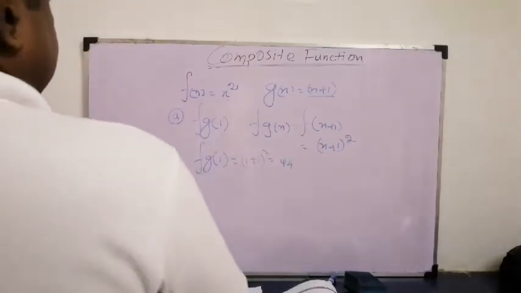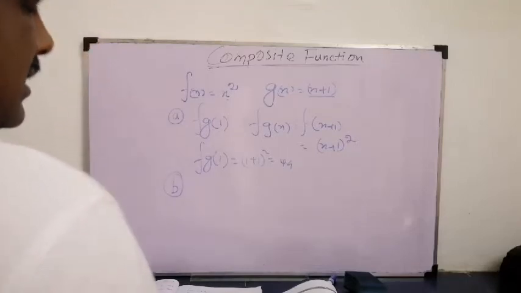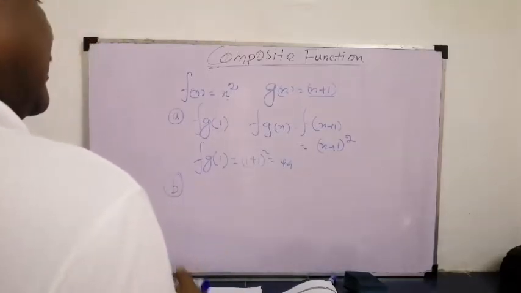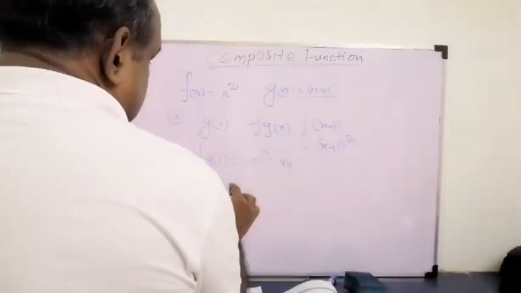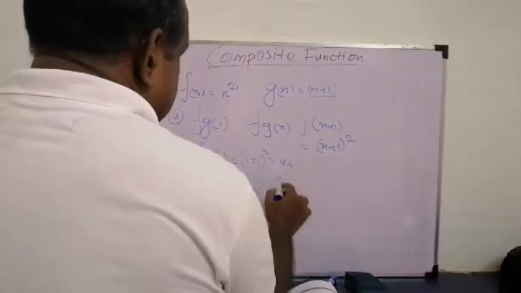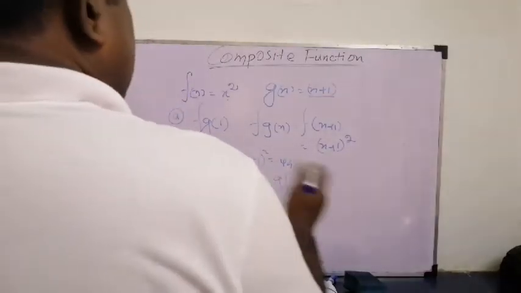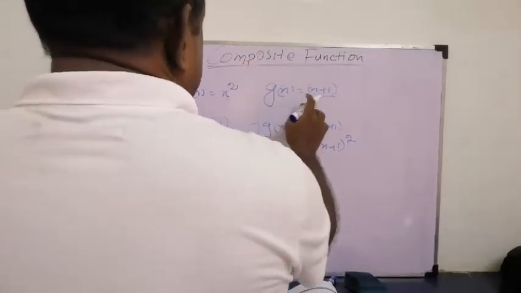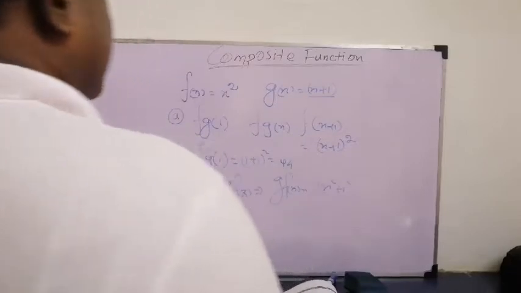Second part, these are very simple, but I need to do it as a process. So g into f into 3. You know that we have to find g into f(x) first. So straight away I'm doing g(x): x squared plus 1. Are you okay with that?